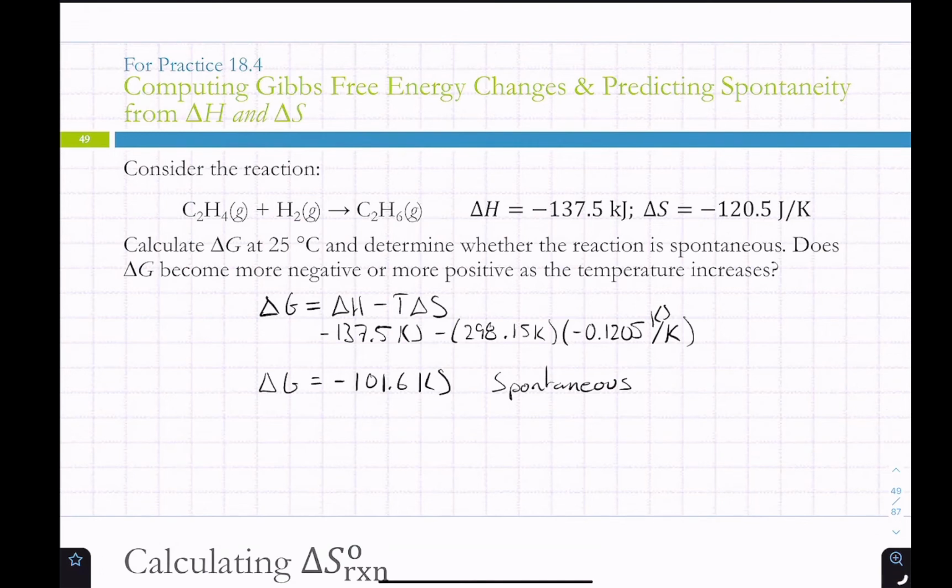And what effect would increasing the temperature have? Would it make it more spontaneous? Or less spontaneous? Which is not really a thing. If we increase the temperature enough, will it become non-spontaneous is really the question. It's either spontaneous or not.